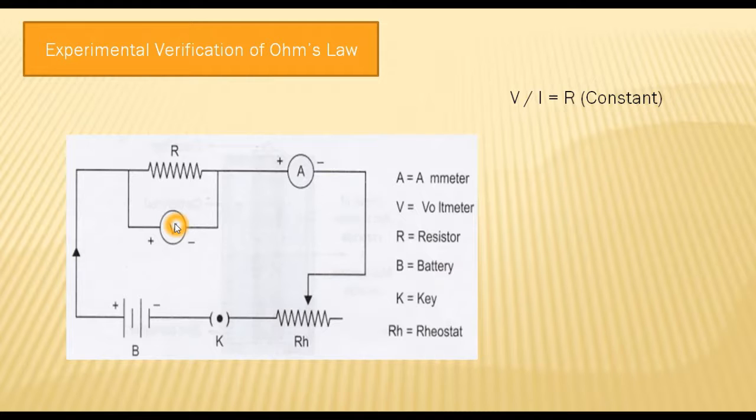That means values of potential difference and the reading of current. And the current is then increased step by step by changing the position of the sliding contact of the rheostat. By changing this sliding contact, resistance gets varied, and according to resistance, current also varies, because current and resistance are inversely proportional to each other, as we discussed earlier.